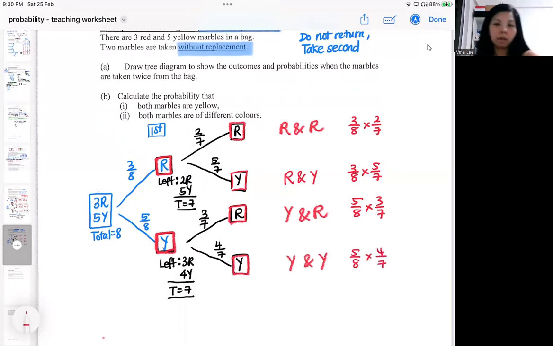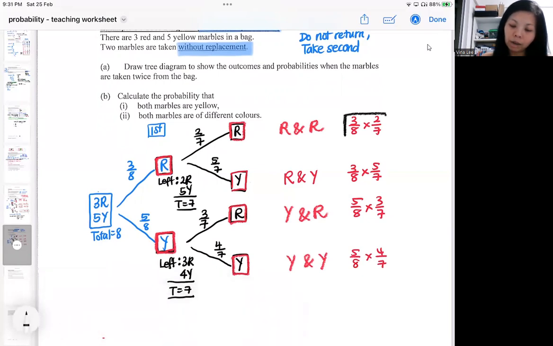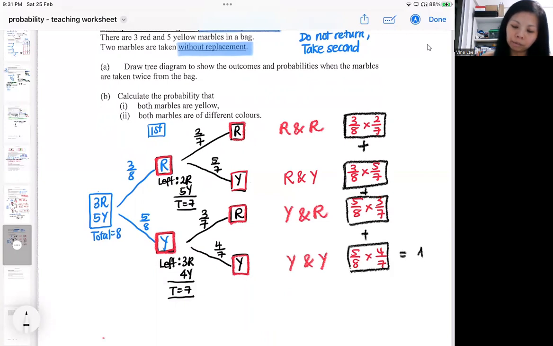In the previous example, when we add up all these answers, we get a numerical 1. Right now, if you try adding up, you are still going to get a total probability of 1. This characteristic of a tree diagram will always hold. The total probability has to be 1.